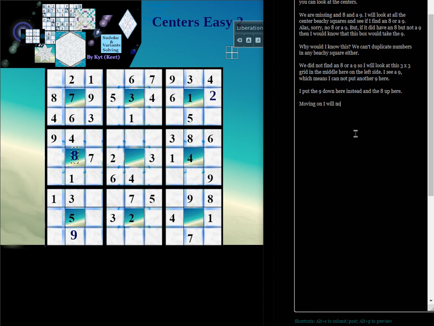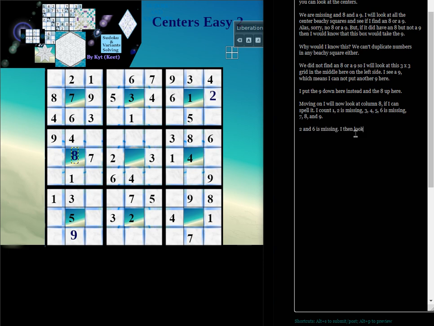I will now look at column 8, if I can spell it. I count 1, 2 is missing, 3, 4, 5, 6 is missing, 7, 8, and 9. Two and 6 is missing.